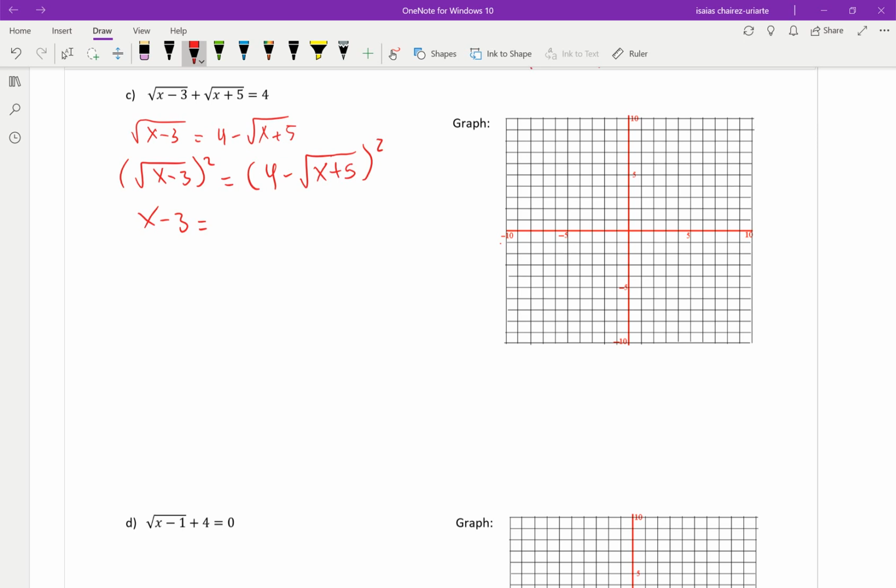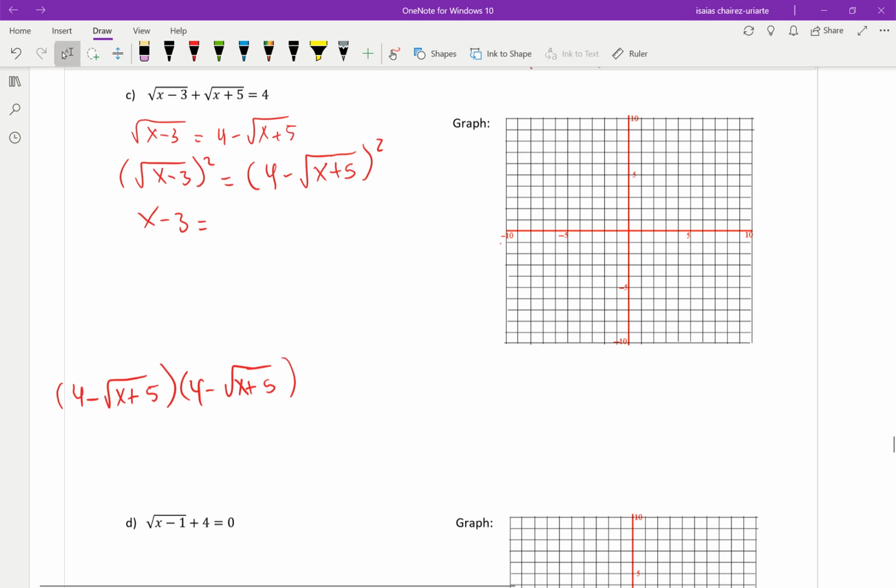I am going to do a little bit of scratch work down here, which I'm going to erase in a second. So I'm going to say 4 minus the square root of x plus 5 times 4 minus the square root of x plus 5. That's what it means to square it. It just multiplies by itself. So let's multiply this. You've got to think multiplication, or if you like to call it FOIL, that's fine.